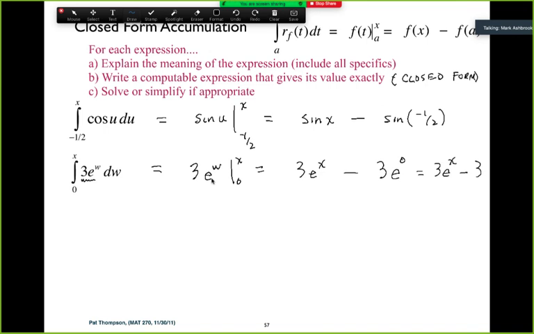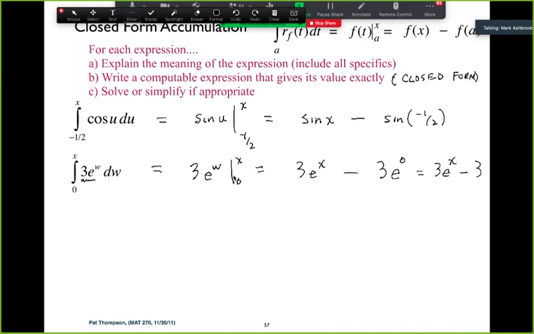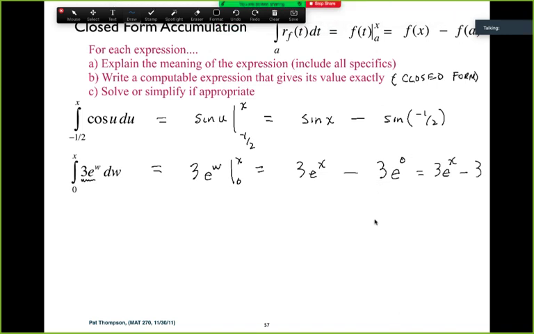This is a really common mistake students make. They see the 0 and just say that's the 0, whatever you get when you plug 0 in must be 0. Well, there are lots of examples of functions where plugging in 0 doesn't give 0. You've got to plug it in and work it out.